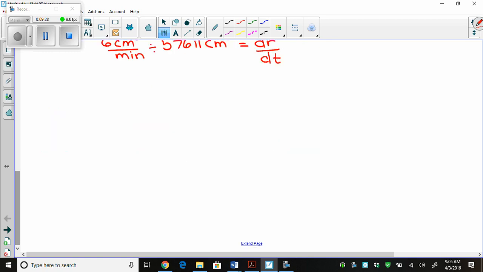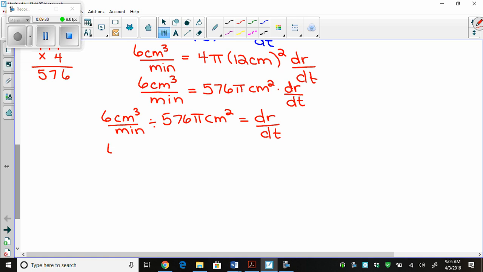For unit's sake, I'm going to actually go 6 centimeters cubed per minute times 1 over 576 pi. So those cancel, and I'm left with centimeters per minute, which is a good sign.